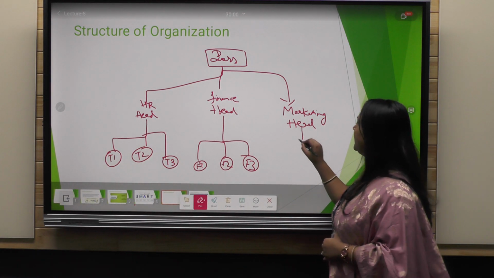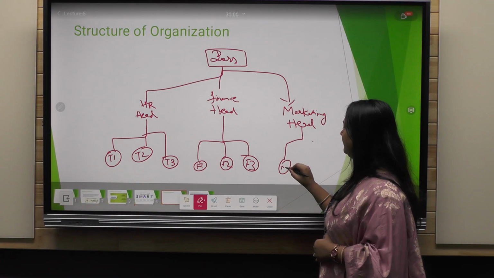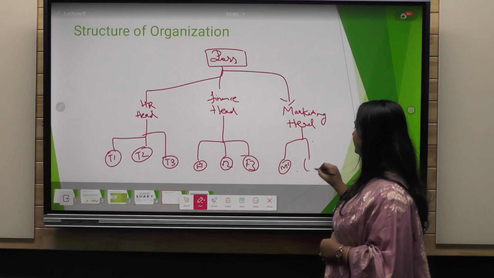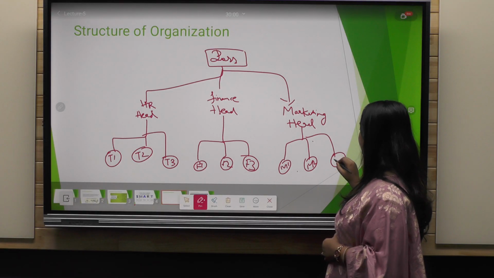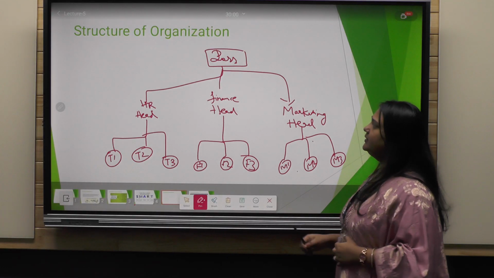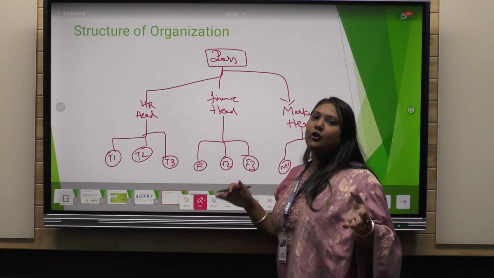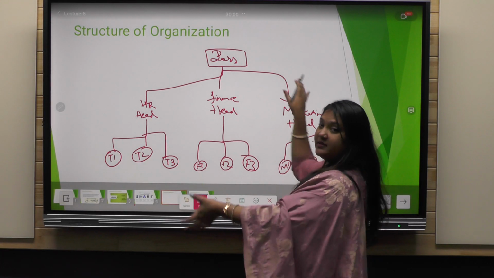After that, the marketing department, M1, M2, M3. See, the structure can be in this way.